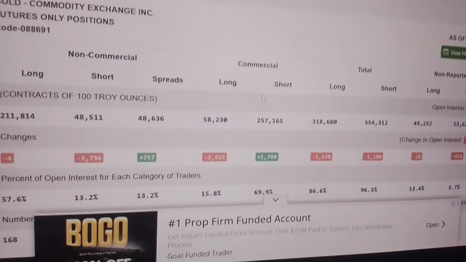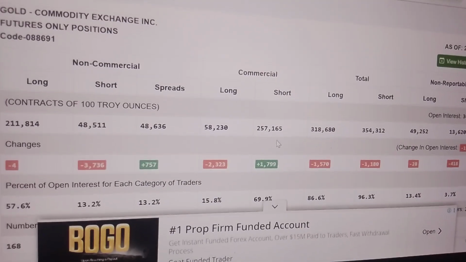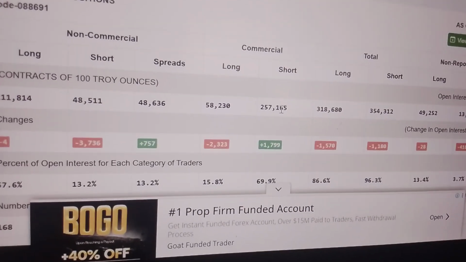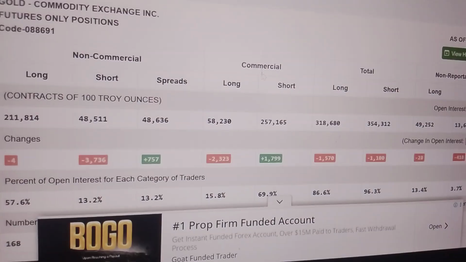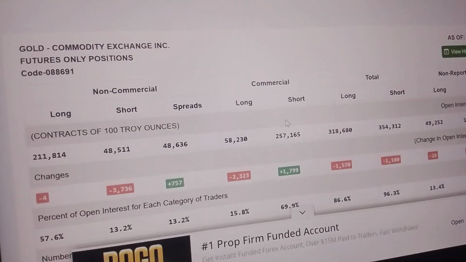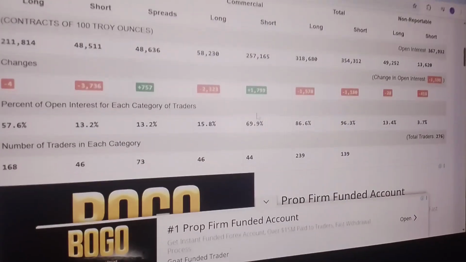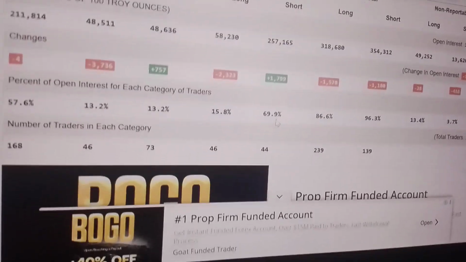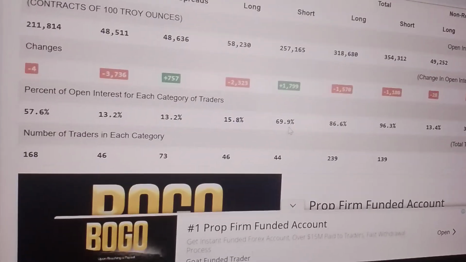And 69.9% are anticipating that gold will go down. So if those people that own gold are anticipating that gold is going to go down, who am I to buy? So as you can see, 69.9% are predicting that gold prices will fluctuate and go down.